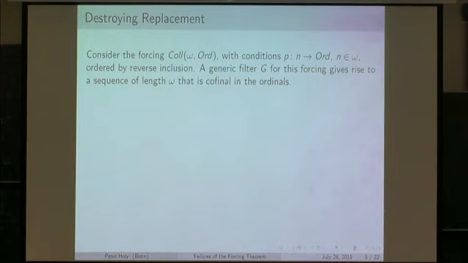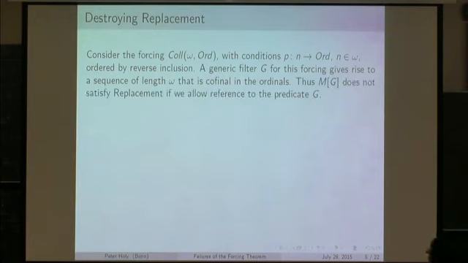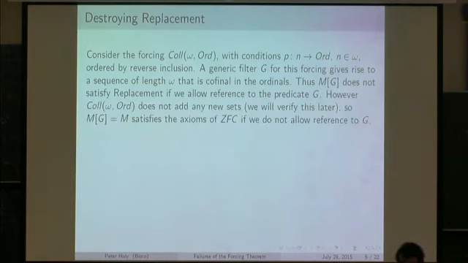A generic filter for this forcing gives you a sequence of length omega, which is cofinal in the ordinals by a very easy density argument. And so if we allow reference to the predicate G in the axiom scheme of replacement, then the generic extension will not satisfy replacement, because the generic filter gives us this sequence of length omega, which is cofinal in the ordinals.